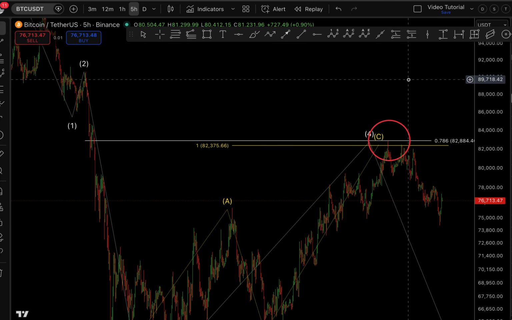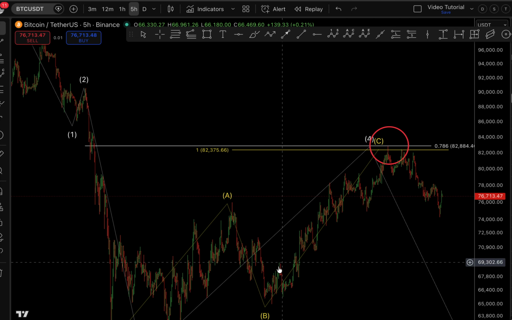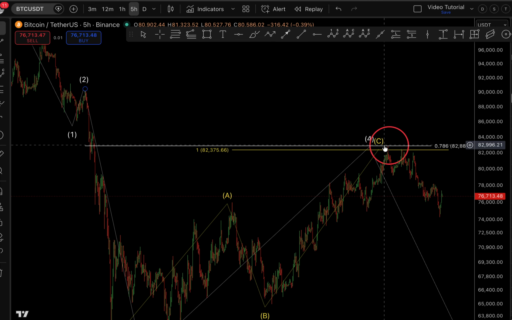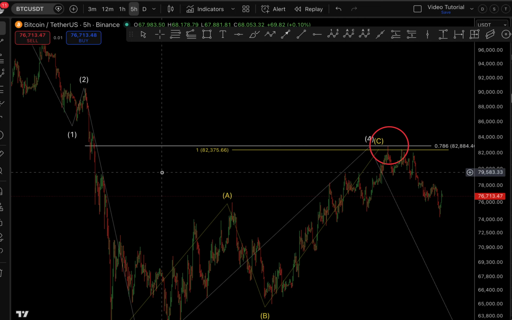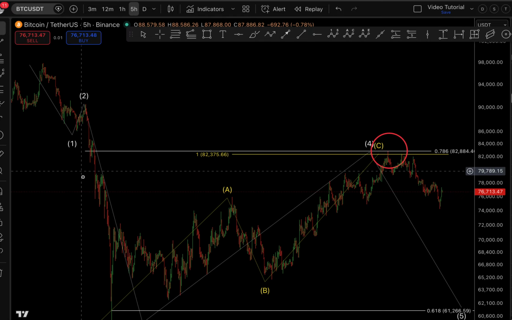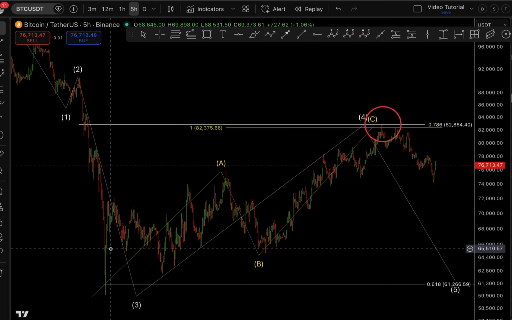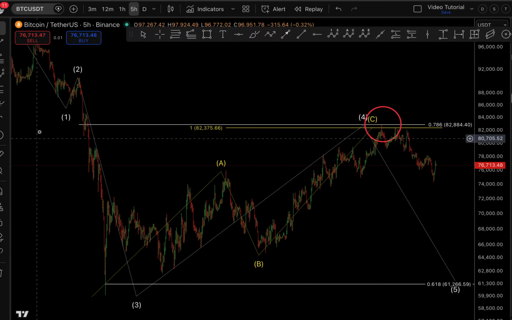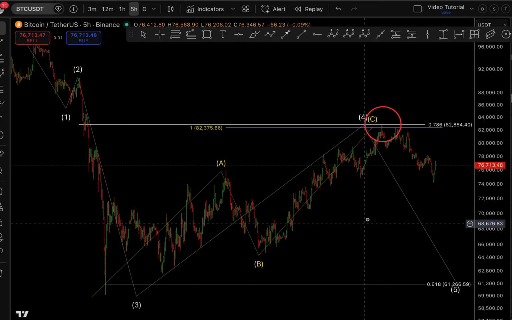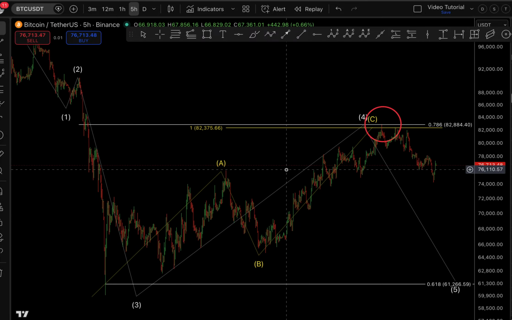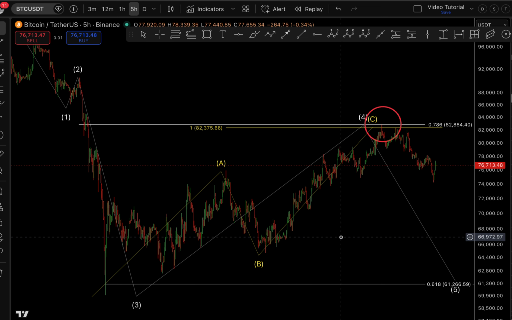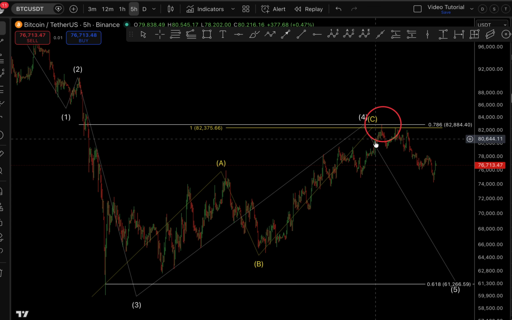If we would have broken through, we would basically have treated this as a new impulsive wave structure 1, 2, 3, 4, 5 up, and we would have treated this as A, B, C, and the correction is over. However, since this whole structure is not impulsive, because it doesn't look like this, we assume that this is wave 4, right? From the structure, it's telling us this is wave 4, and all these reactions over here prove it.